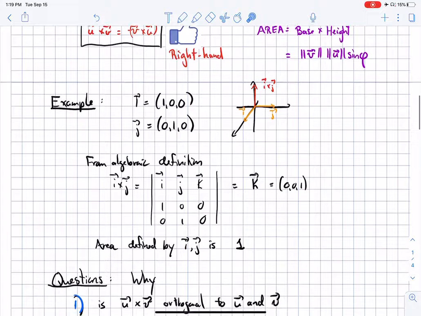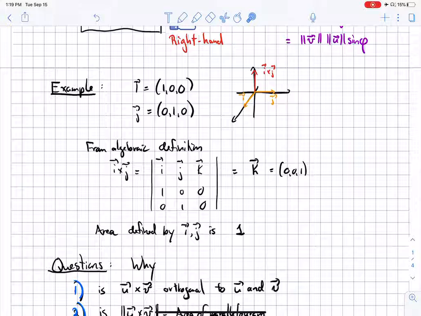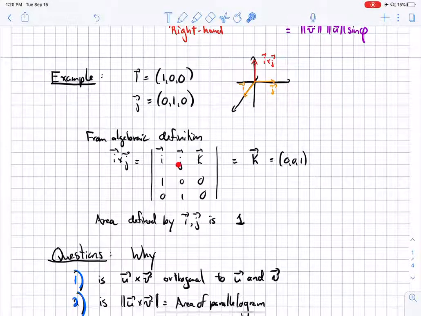Let's start with a simple example to illustrate that. Let's take the two vectors being the basis vectors in the xy plane, 1, 0, 0 and 0, 1, 0. So i is the unit vector in the x direction, and j is the unit vector in the y direction. Now, if I do i cross j, using my computational trick, I put i, j, k, the entries of i, and the entries of j. If I do the determinant of this, I get 0 for i, 0 for j, and for k, I get 1 minus 0.